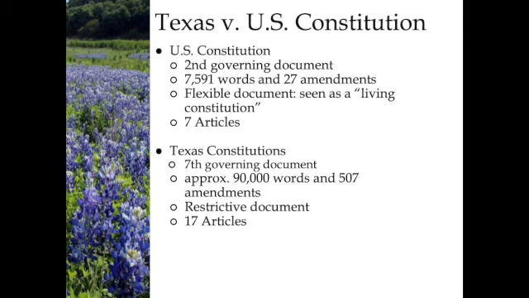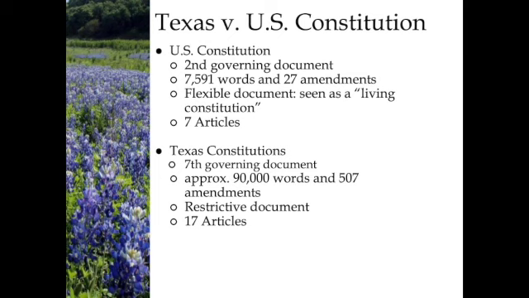So how are the two constitutions different? In a nutshell, the difference between the Texas Constitution and the U.S. Constitution is all about brevity. The U.S. Constitution is only about 7,500 words. We've amended it 27 times, and the first ten amendments are called the Bill of Rights. And it's only our second governing document.